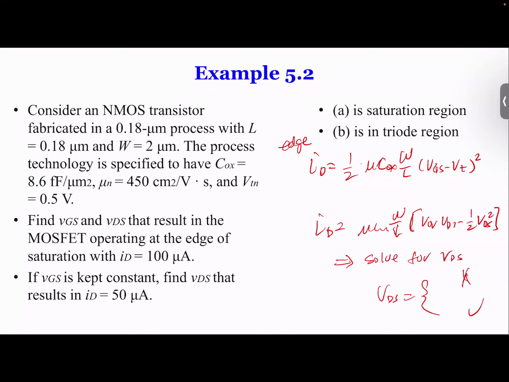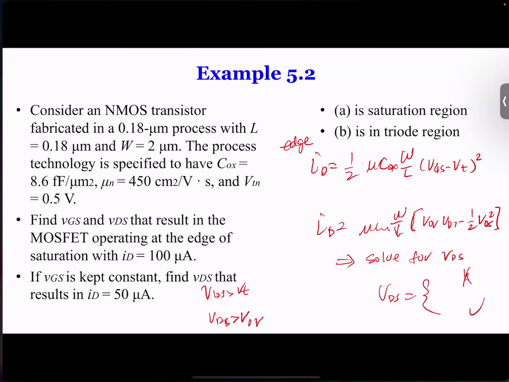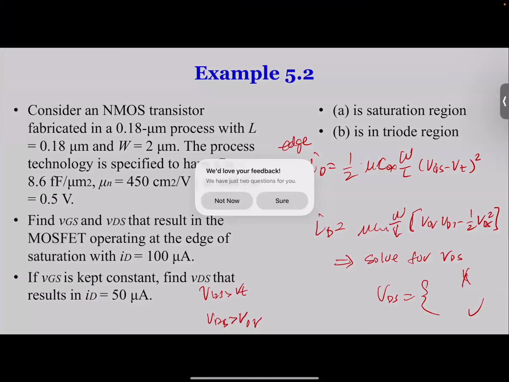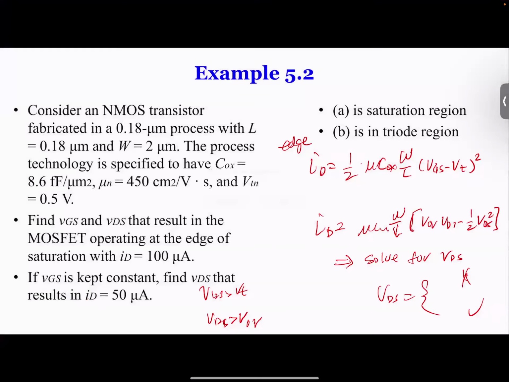So how do you verify? There are a couple of things. One is that your VGS has to be larger than VT. That's for question A. And then VDS has to be less than VOV.